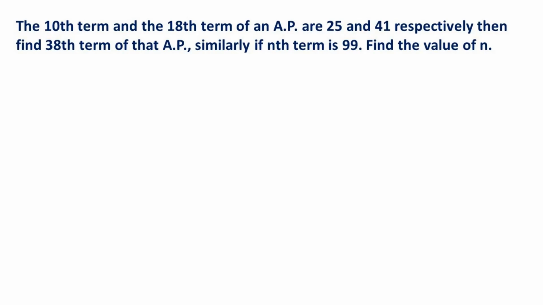Then find the 38th term of that AP. Similarly, if the nth term is 99, find the value of n. That is the question. With the given information and with the help of the formula and its development we studied, we have to solve this.